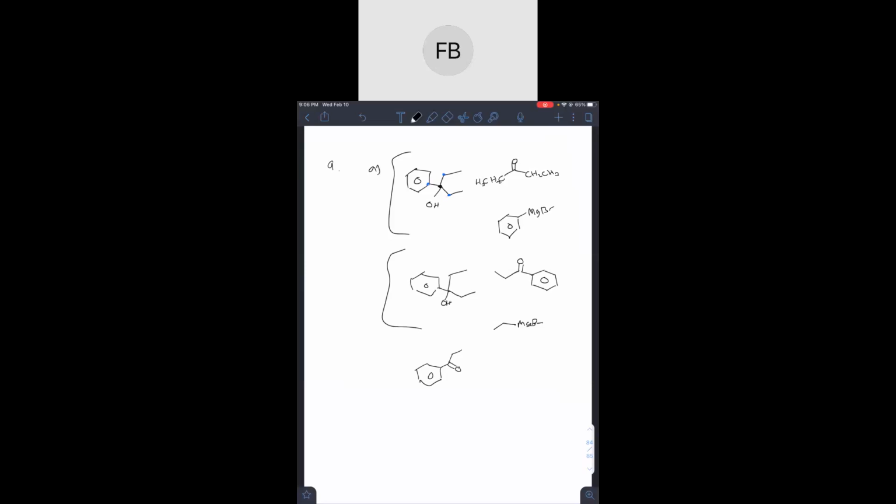This is the same orientation as above, but this is actually the same thing that I drew. What if you had the MgBr attached to where the O is? So if I took this out, okay, I see what you're saying. If I took this out and I was like that? Yeah. Would that work?